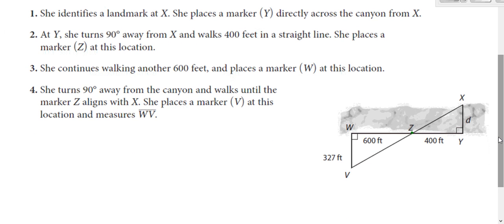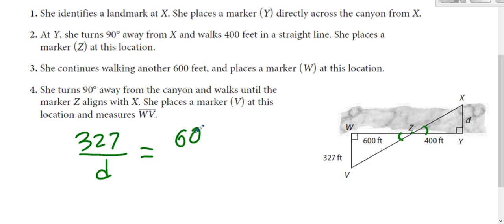So we are trying to find the distance across the canyon D. Now these triangles are similar because if you look at the way she did this, 90 degrees and 90 degrees plus vertical angles right there. And the triangles are similar. You can set the proportion. We could take the 327 feet, that would correspond with D. And then the 600 feet would correspond with 400 feet.